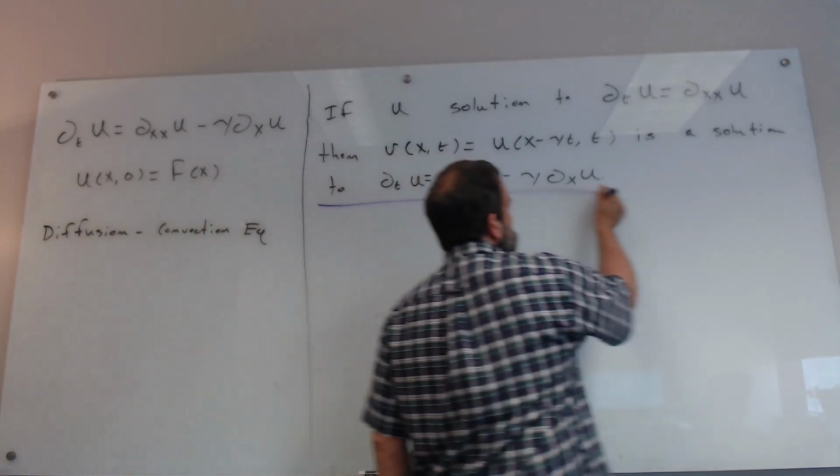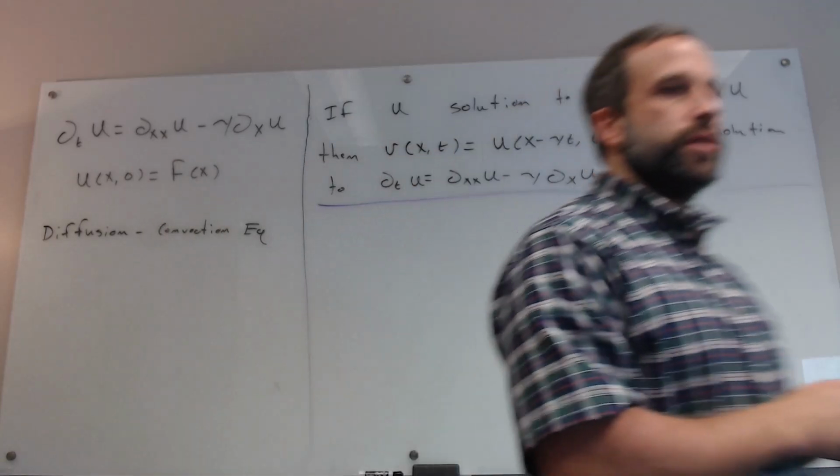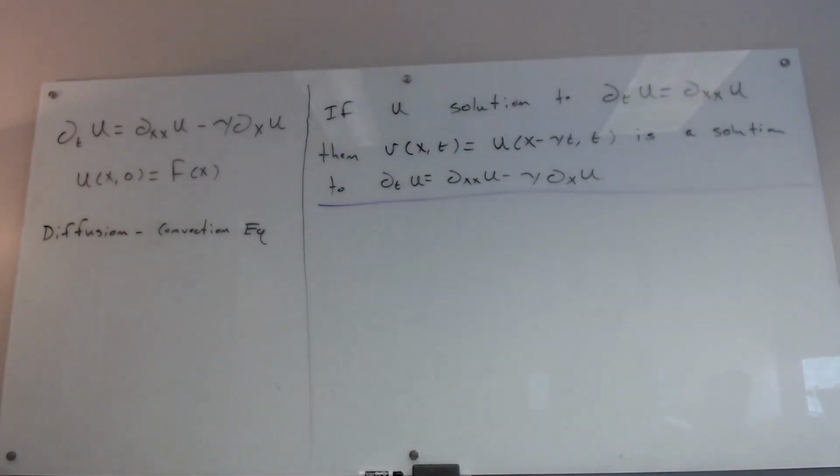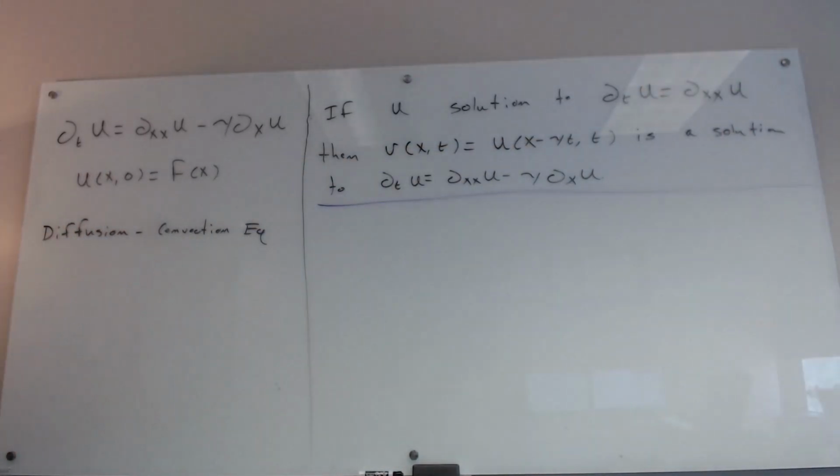There is a little note on notation that I want to make because it's going to get a little bit confusing, and in general this might be helpful for this class. For the function U of x, t, if we look at the partial x derivative of U of x, t, what we mean is that we're taking the derivative in the first variable, the x variable.